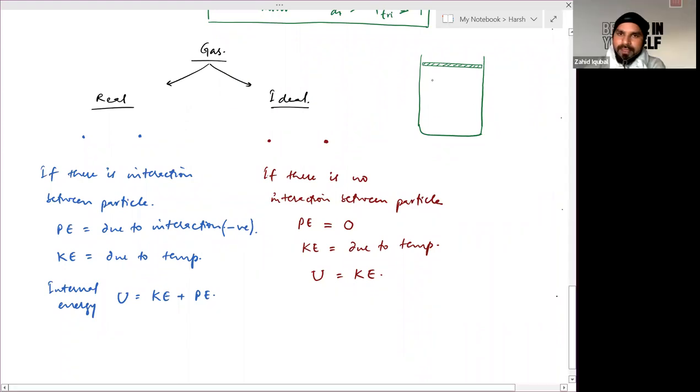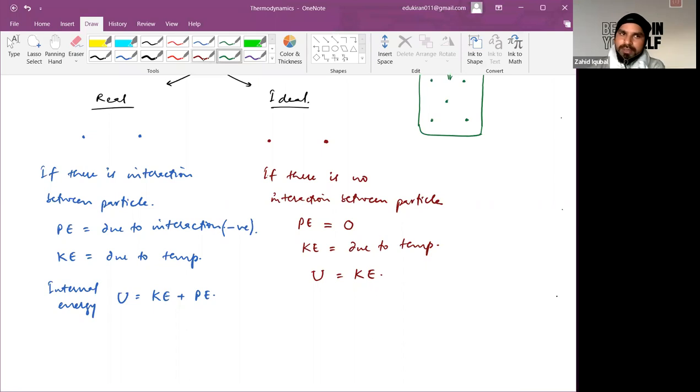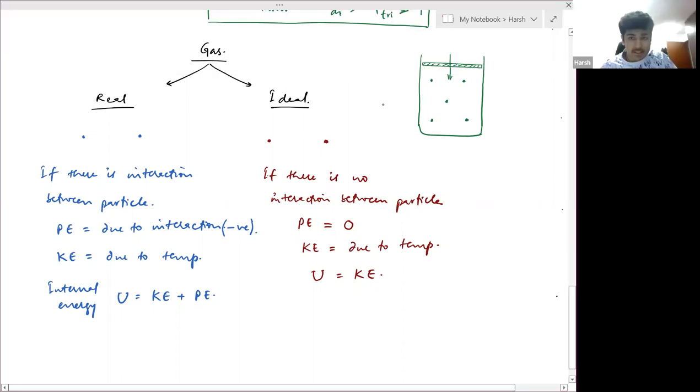Suppose in a vessel there are particles at this point, this point, this point, and this point. If you decrease the position of the piston downward, the volume of this vessel will increase or decrease? Volume of vessel will decrease, sir. So particle separation in that case will increase or decrease?